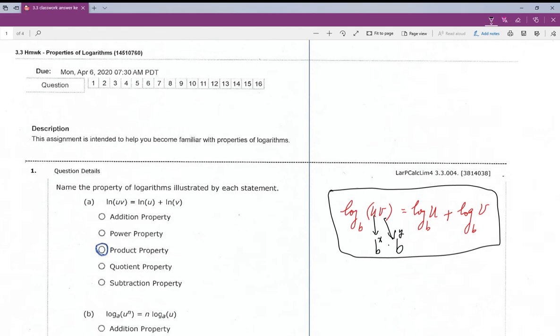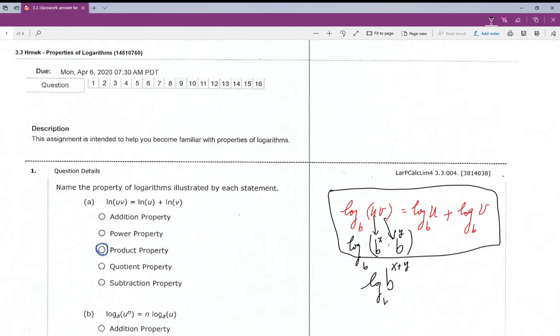Then when you multiply together, because of the same base, you are going to have the degree of x plus y.